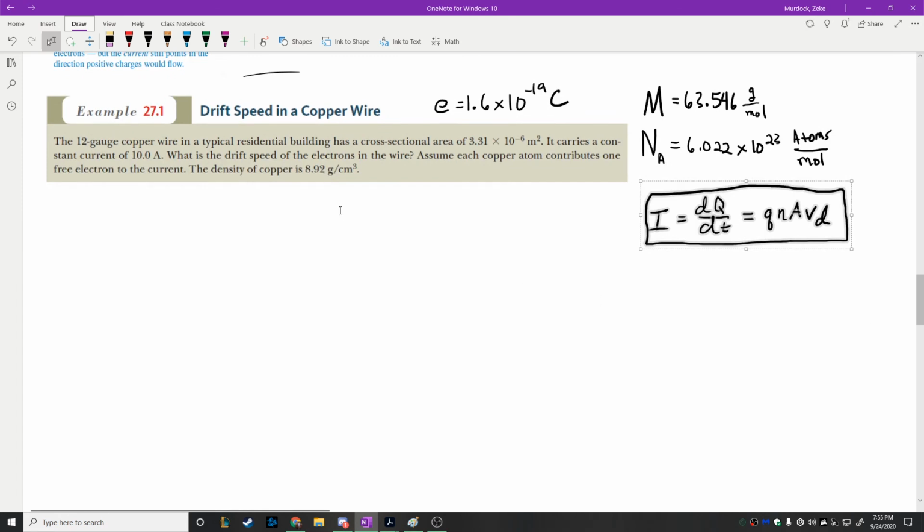Okay. So there's a few things we have to calculate here, and we need to use a lot of things to do so. So we've got area, and that's given in meters squared. It's 3.31 times 10 to the negative 6.